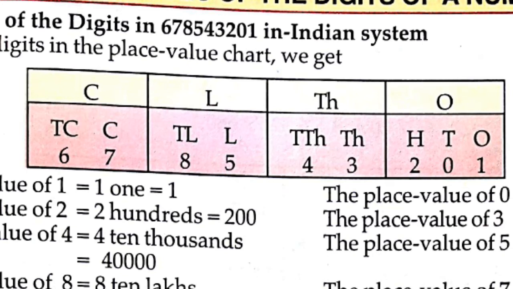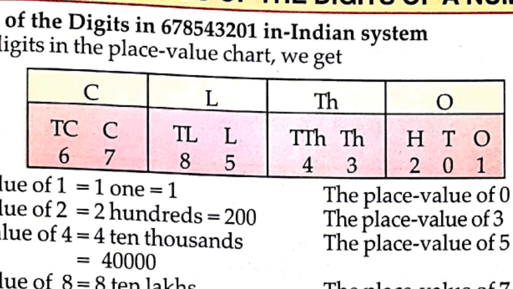Again I am telling the number: 678543201. First, write the digits in the place value chart. You see the picture. In the ones period the numbers are 201. In the thousands period the numbers are 43. In the lakhs period the numbers are 85. In the crores period the numbers are 6 and 7.